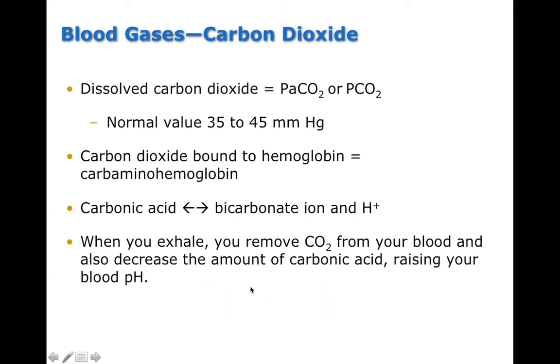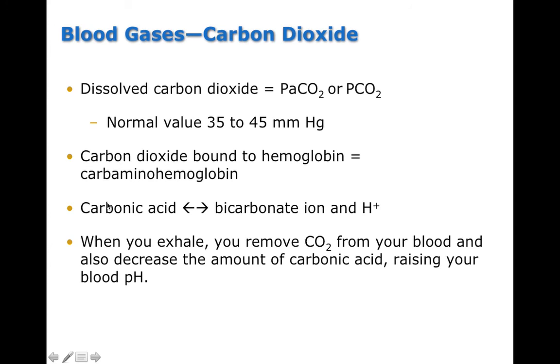So in terms of carbon dioxide, we know that CO2 can be transported by hemoglobin, but most CO2 is actually going to be transported in a form called carbonic acid. So although some CO2, a very, very small percent, can bind to hemoglobin, forming carbaminohemoglobin, ultimately we find that most CO2 is converted to carbonic acid.